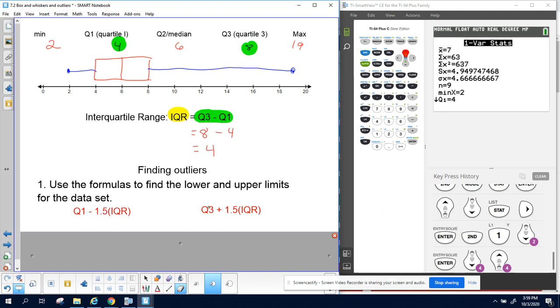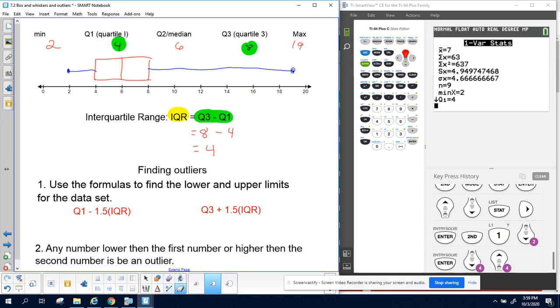And then do it again, new formula, take your Q3 number, add this time 1.5 times that IQR number. So for this data set, the numbers are going to be the Q1 number, the 4 minus 1.5 times the IQR number, which was also that 4 that we found earlier.